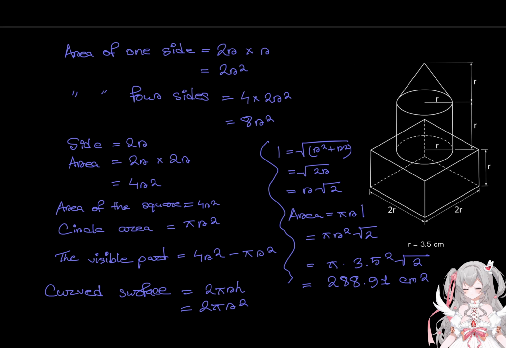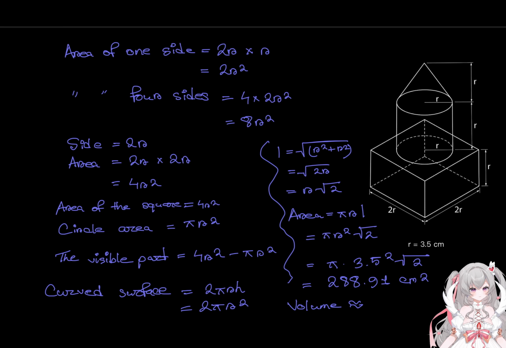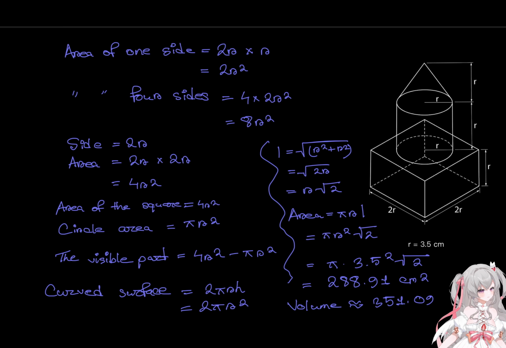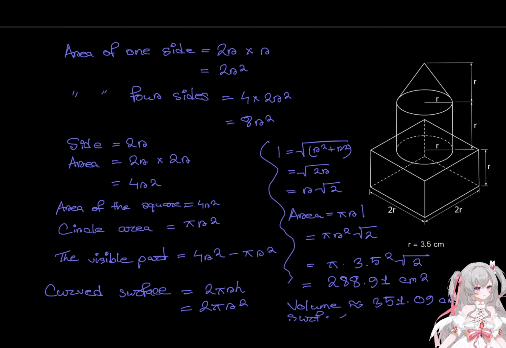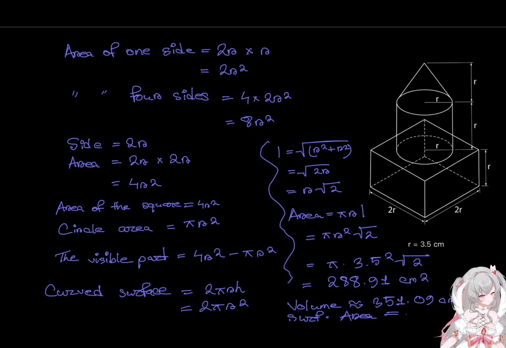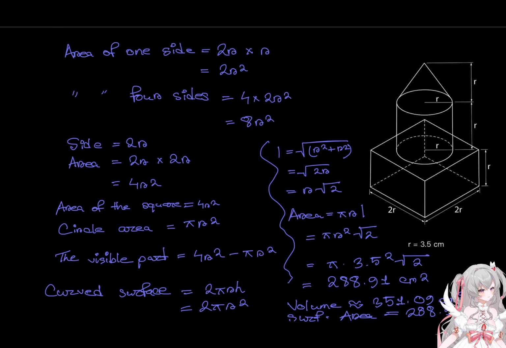So our final results of both of these solutions are: volume is equal to approximately 351.09 cm cubed, and surface area is equal to 288.91 centimeters squared.